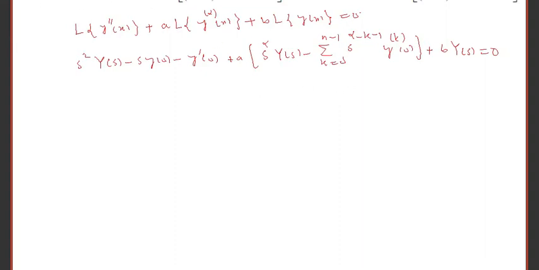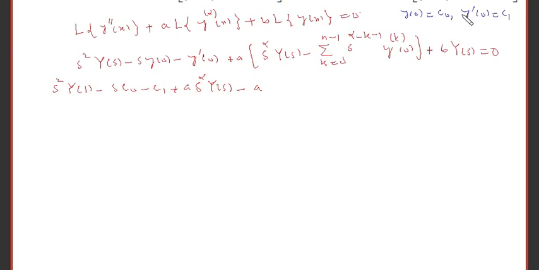Now using the initial conditions, which are y of 0 is c0 and y prime of 0 is c1, this becomes s square capital Y of s minus s times c0 minus c1, plus a times s to the power alpha capital Y of s minus a times the summation.